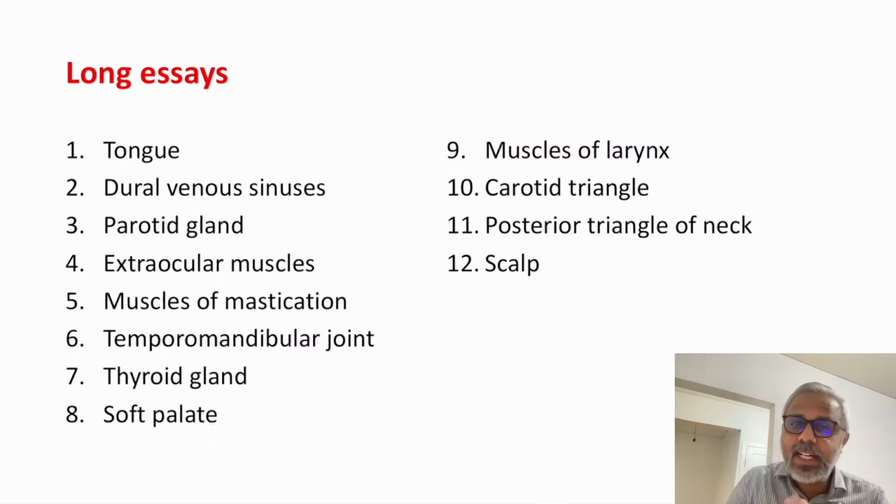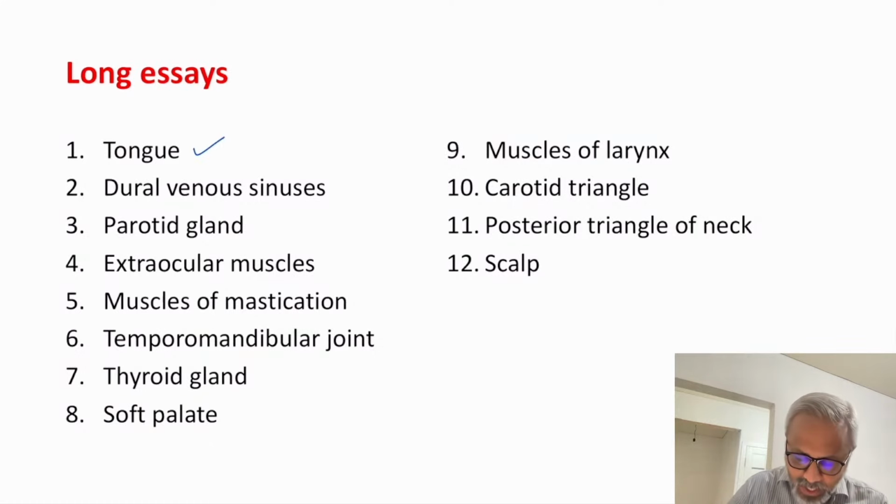Segregate them as paper 1 and paper 2 and try to analyze which topics have been asked most frequently. If you analyze especially the head and neck region, you will see that the majority of questions come from the topic of the tongue. This is like the favorite topic of all the paper setters.